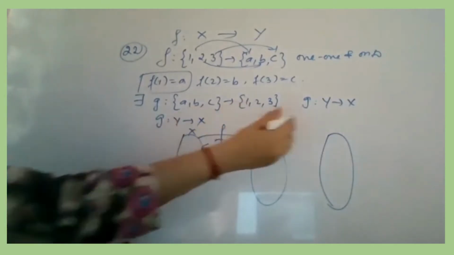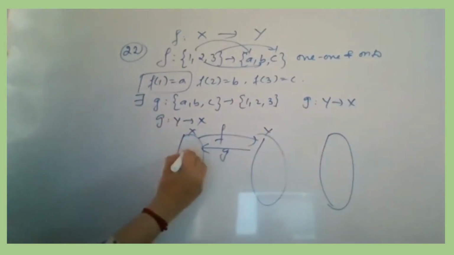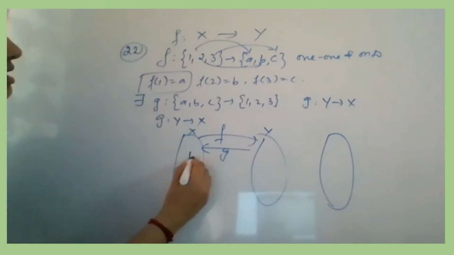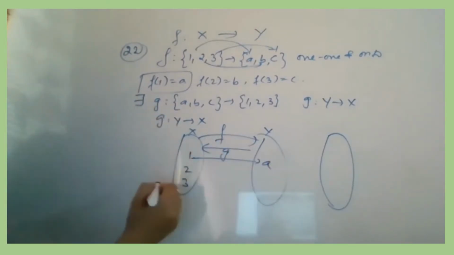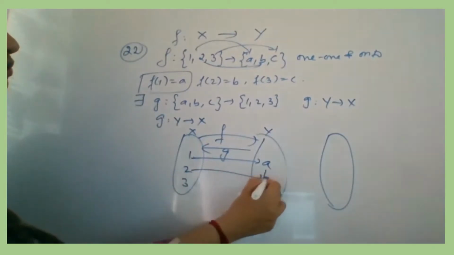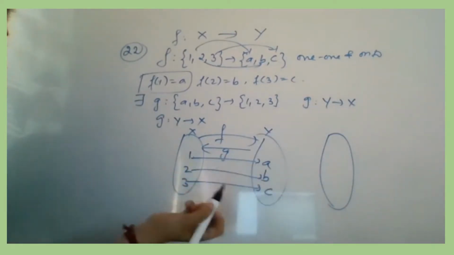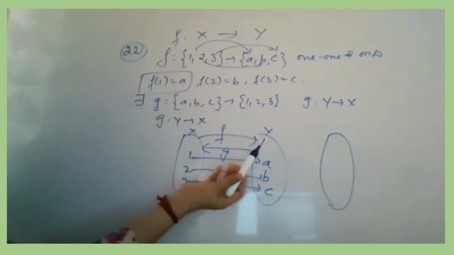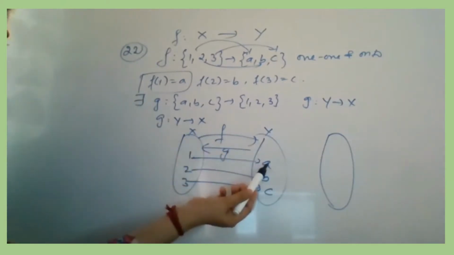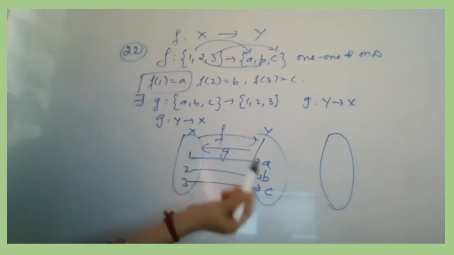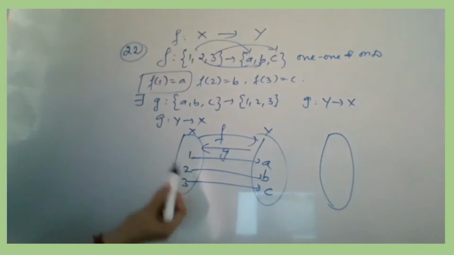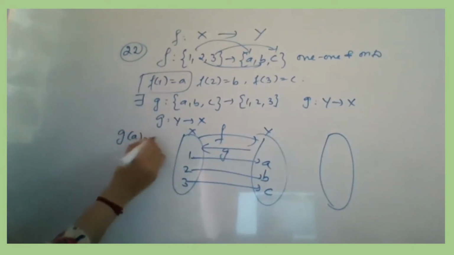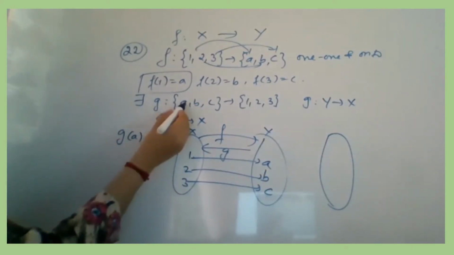So I am writing it like this so that you can understand easily. Because when we apply F of 1, it is going to A, okay? And F of 2 is going to B, and F of 3 is going to C. That means when I define G, which is from Y to X, G of this element should give you this, G of this element should give you this, and G of this element should give you this. That means G of A, because G is from Y. So which elements are in G?